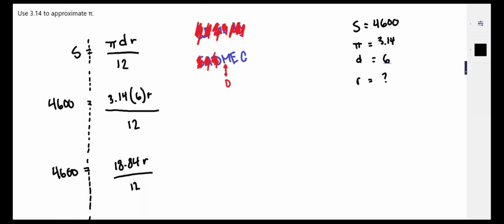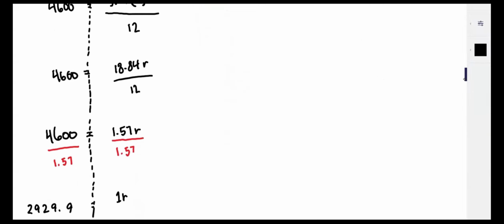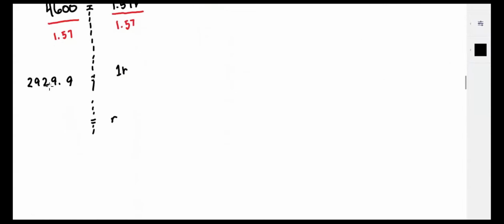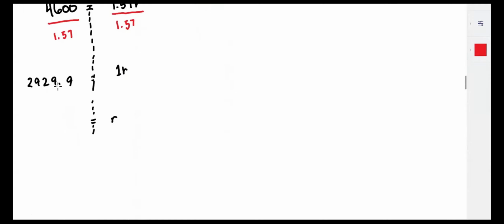So the original question way up here says round to the nearest 100 RPM. So I need to round this to the nearest 100. So let's grab another color. All right, ones, tens, here's the hundreds with my rounding digit. The 1 to the right, if it's 5 or above, I can round up. This one is not, it's just a 2, so I'm just going to round off.